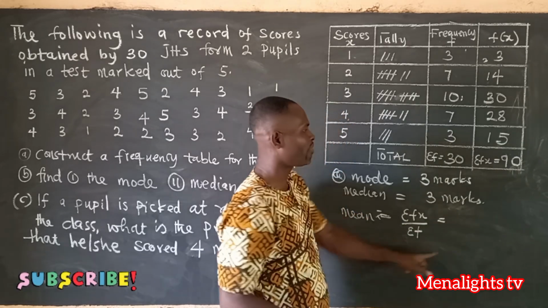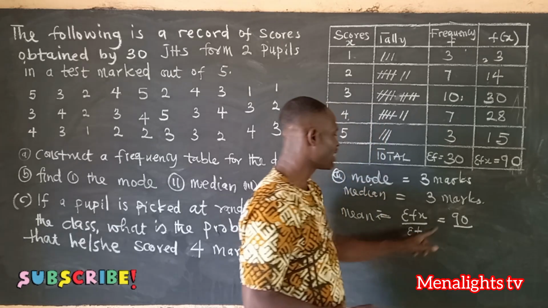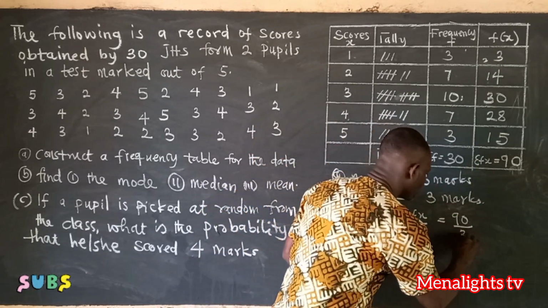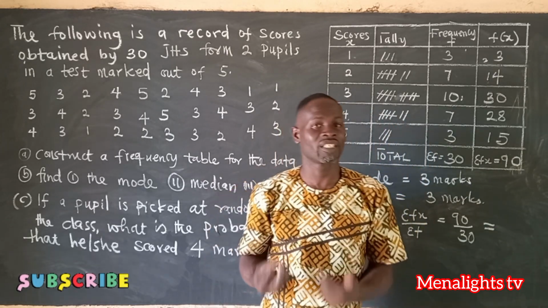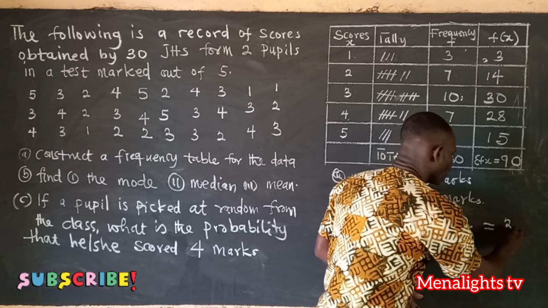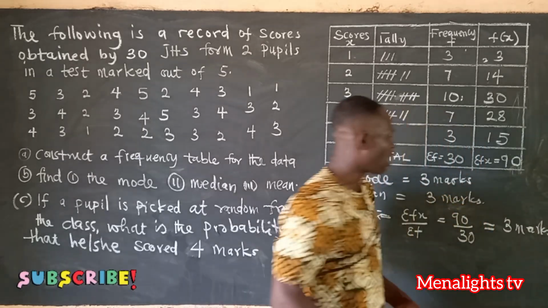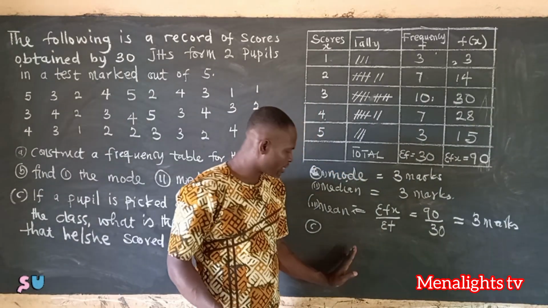So the summation fx is 90. So 90 divided by the total 30. So when you divide 90 into 30 parts, we are going to get what? 3. So that means our mean score is 3 marks. Then we come to C.